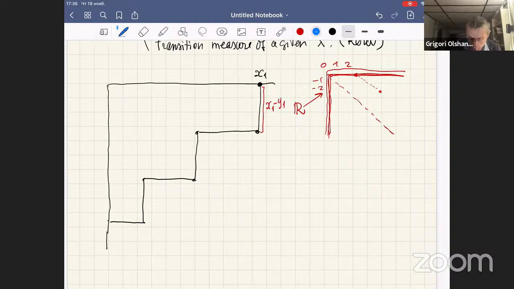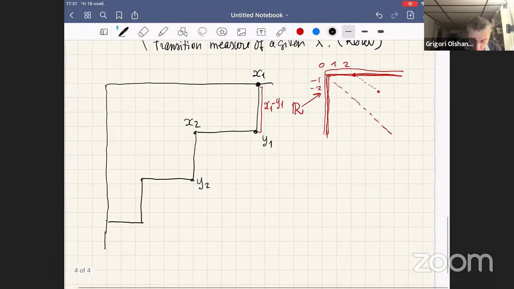And this point corresponds to this, and so on.